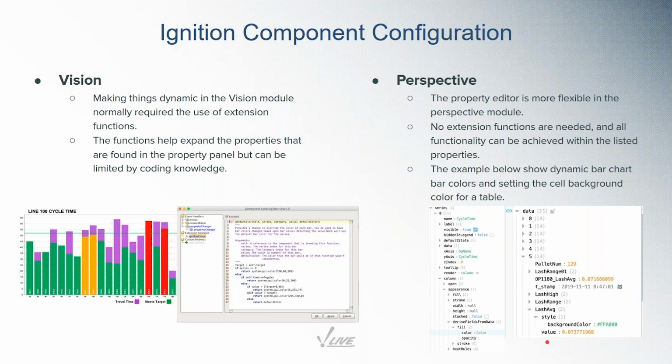So that's kind of neat, and we no longer need all the extension functions with code on them, which a lot of times in Vision would also require advanced knowledge of the JFreeChart and stuff like that to change all the options and properties. So we no longer need that, which is great.